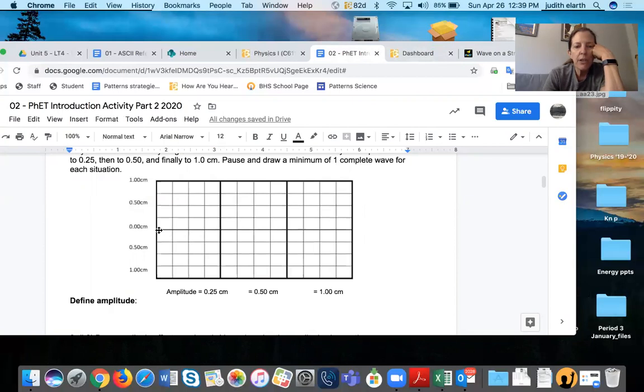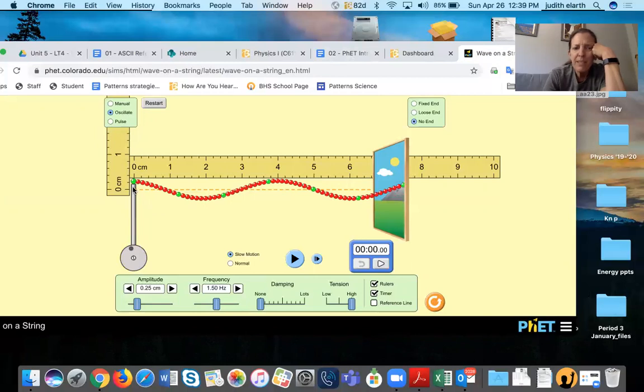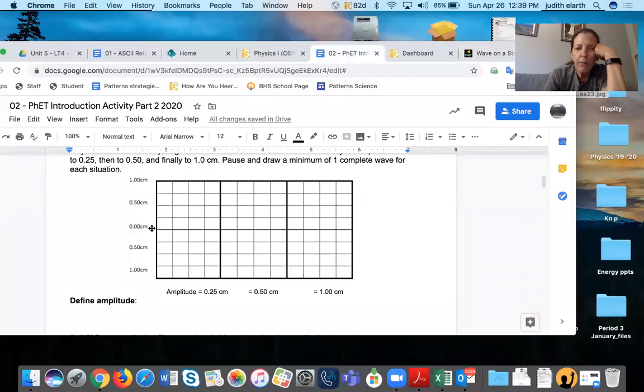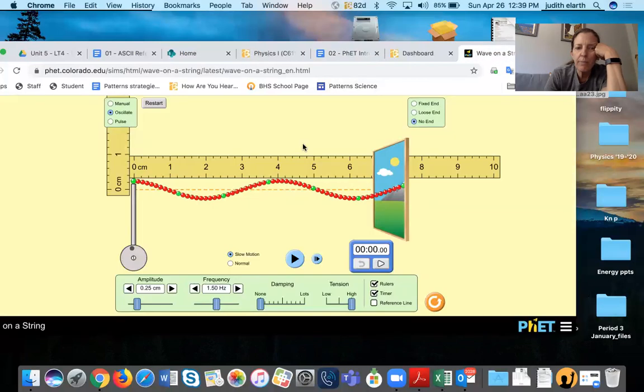And I am going to draw, how high did that wave go? Do you remember? About 0.25, right? Because that's what our amplitude is. So about 0.25 up, and it went about 0.25 down too. So right here, I would draw one wave if I have it look like this one.